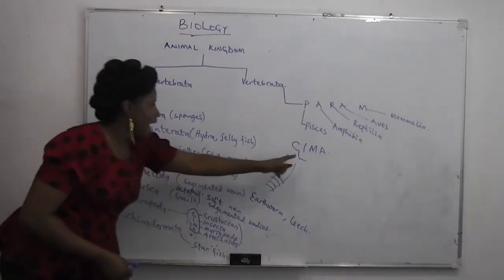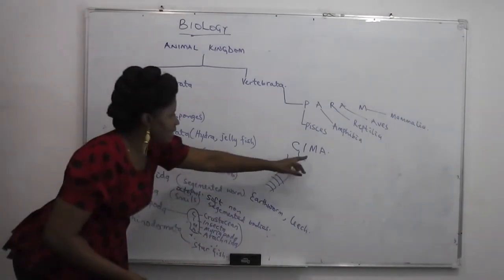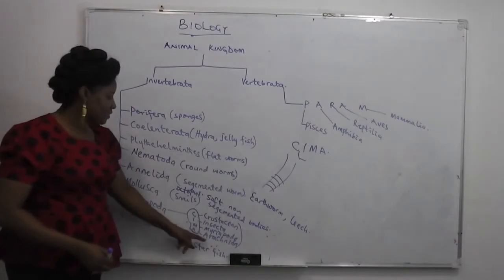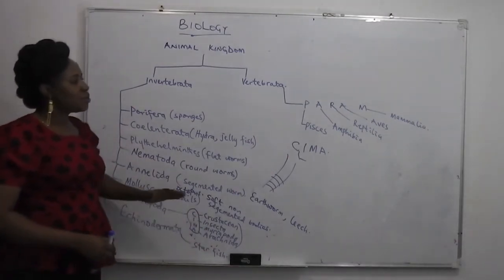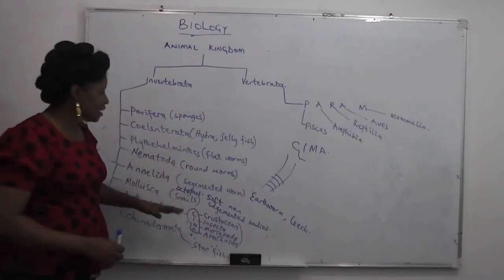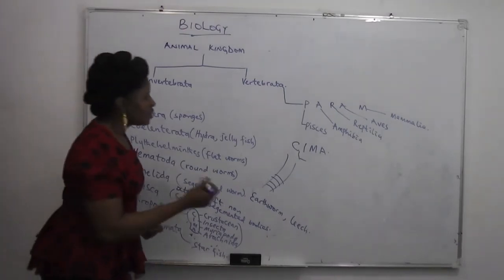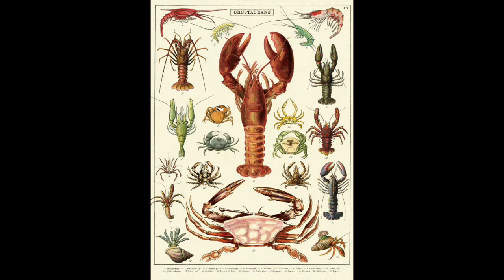While the letter I stands for what? Insecta, all insects. The letter M stands for what? Myriapoda, while the letter A stands for what? Arachnida. Now you can differentiate all these arthropods based on their what? Body segment.